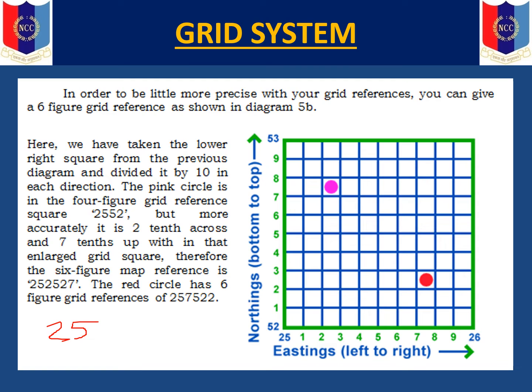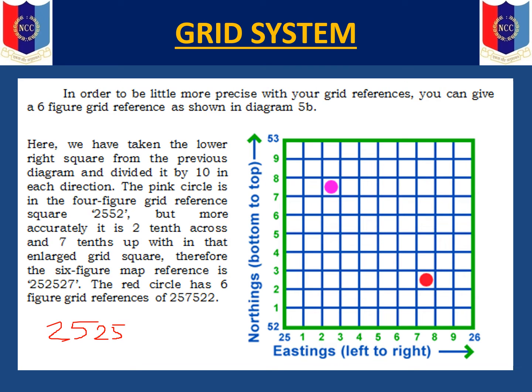So if this landmark is at the center of this square, then it will be at 2, 5. Again you have to divide this line into 10 equal parts, and if this is lying exactly at the center, then it is the fifth division here. So you can write 2, 5, 2 and 5 here again.